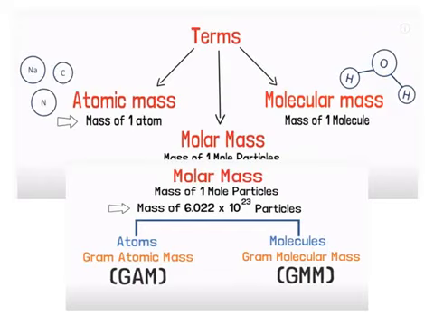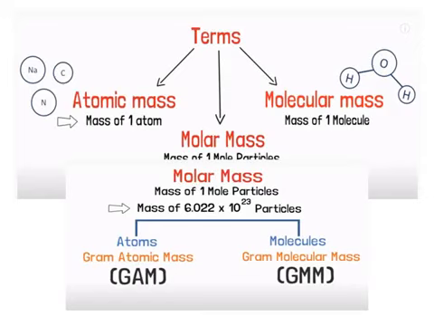Then molecular mass is for substances having more than one atom. For example, water has the formula H2O, carbon dioxide CO2. If you want to calculate the molecular mass, then the mass of one molecule of the substance has to be calculated as we have done before.